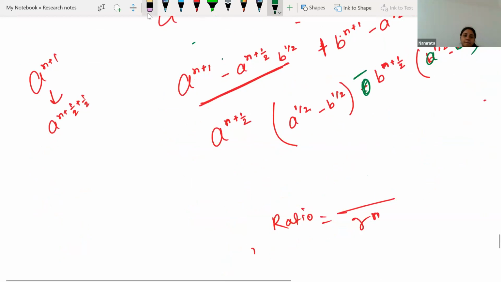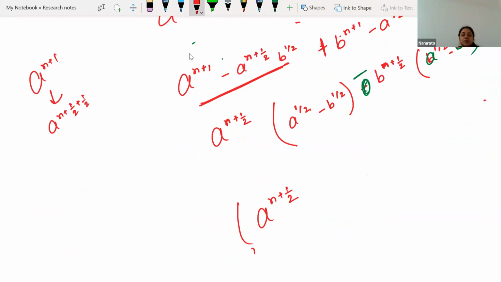So we can say one of the brackets is a to the power n plus 1 by 2 minus b to the power n plus 1 by 2, and another bracket is a to the power 1 by 2 minus b to the power 1 by 2. That is 0. Okay.